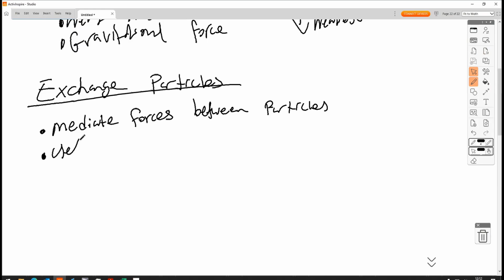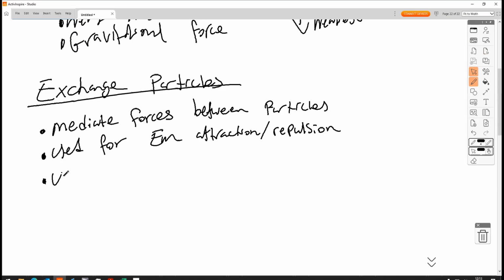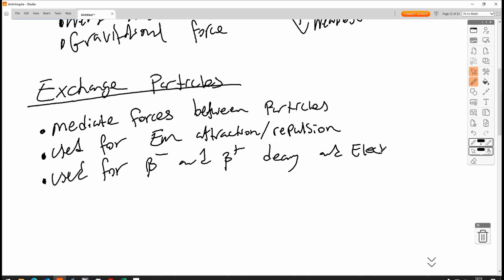And it's used for electromagnetic attraction or repulsion. Also used for beta minus and beta plus decay and electron capture.